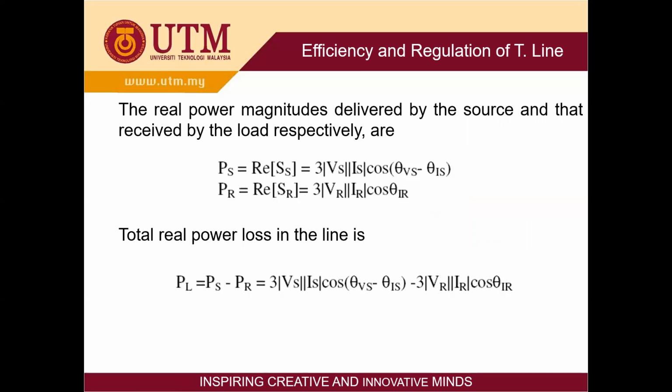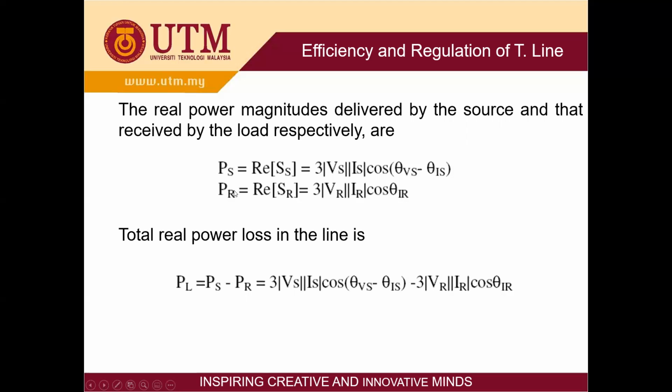And the real power delivered by the source and that received by the load can be written like this. So the real part of the complex power of the sending end, and the real part of the complex power of the receiving end, you have like this.